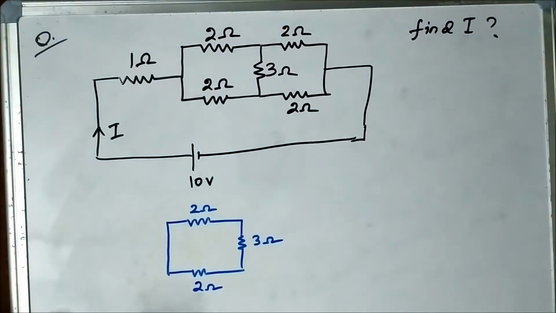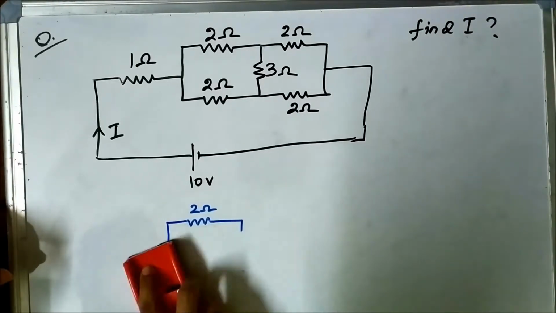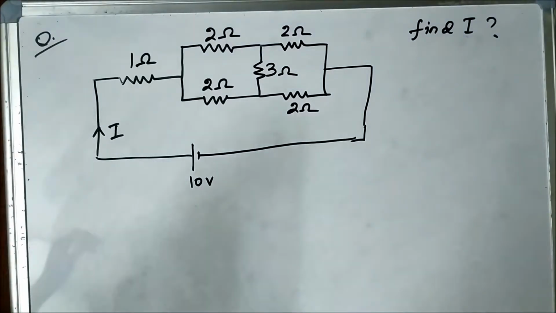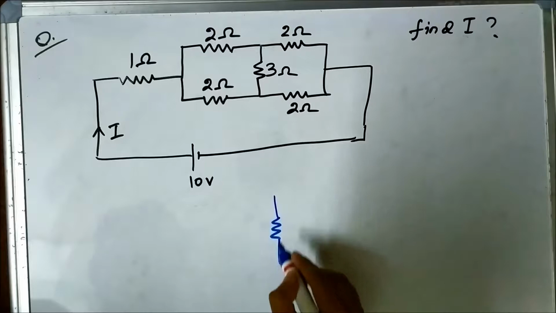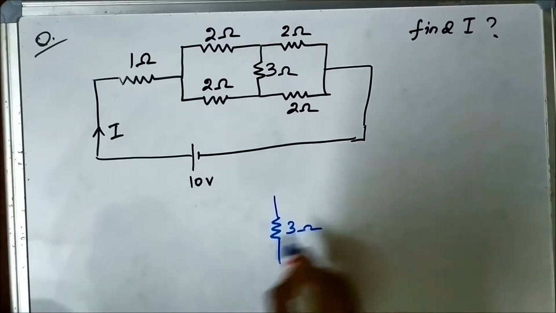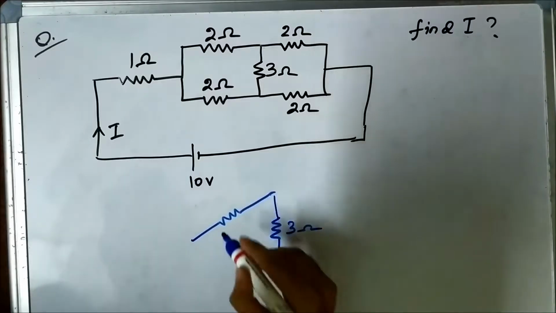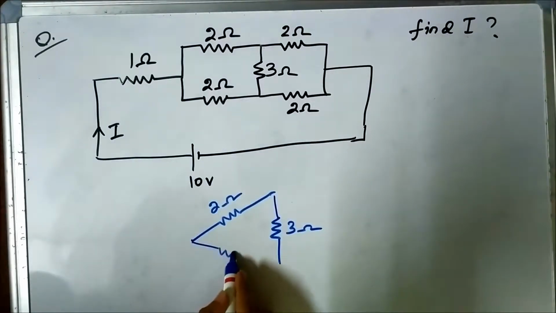Now let us convert it into a delta shape. We are using the delta to star transformation concept. So this is 3 ohm, this is 2 ohm and this is 2 ohm.